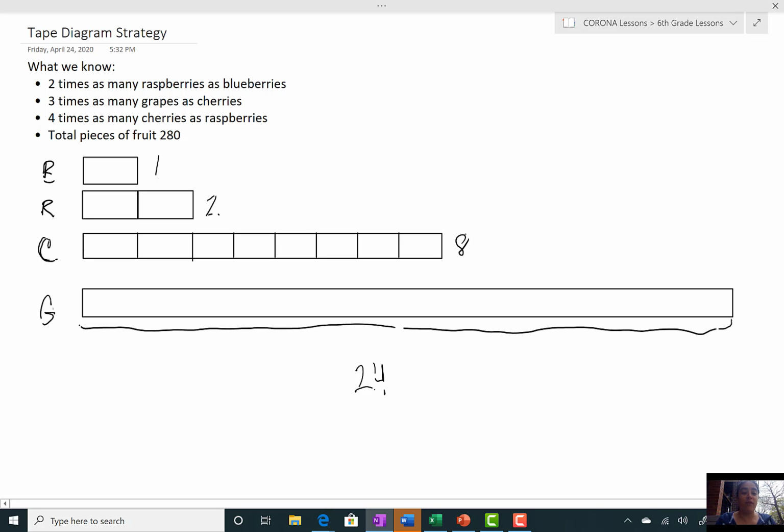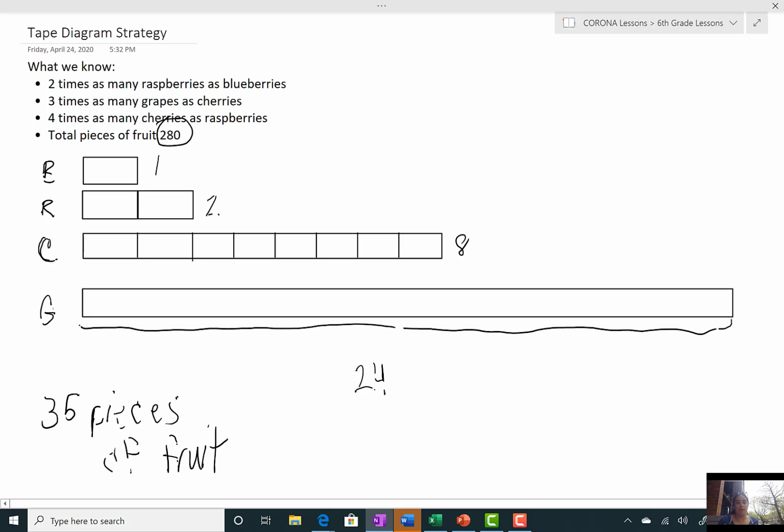Okay, so if we have 1, 2, 8, and 24 together, we have 35 pieces of fruit. Now, if we have 35 pieces of fruit, we still need to have a total of 280 pieces of fruit for it to work out.